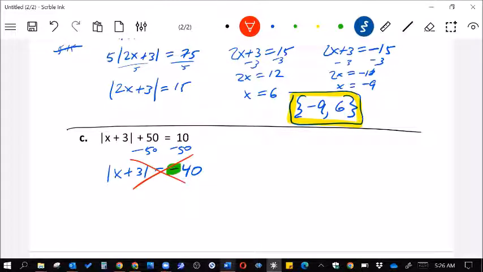You can't have an absolute value that results in a negative. So what you're saying is that you would come up with something and it would be positive. Whatever x you put in there, no matter what x you put in there, the result is going to be a positive there. And that means you can't have a -40. It's not possible. Okay. So that means this is a no solution problem.